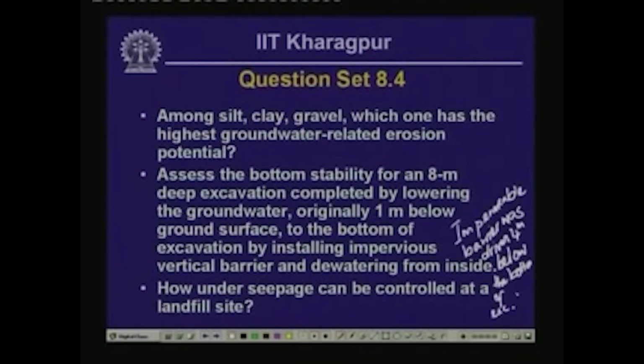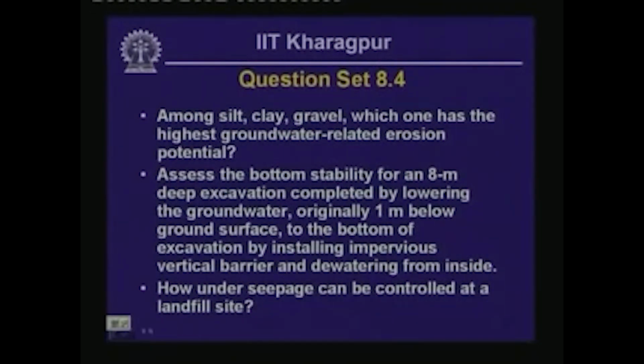So please note this information, that the impermeable barrier was installed to a depth of 4 meters below the bottom of excavation. Now let's see what we can do with this problem.